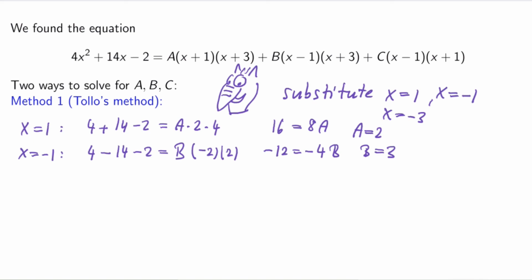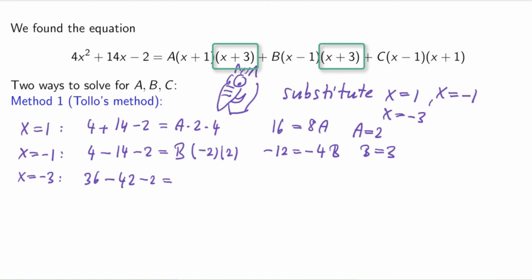And then the last one, if x is minus 3, we can do this rather quick. We sub it into the left. We get 9 times 4, which is 36. And then we get minus 14 times 3, which is 42. And then we have a minus 2 here. The a term vanishes, the b term vanishes.